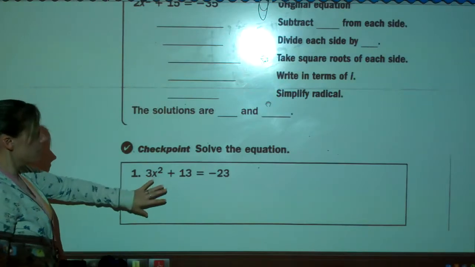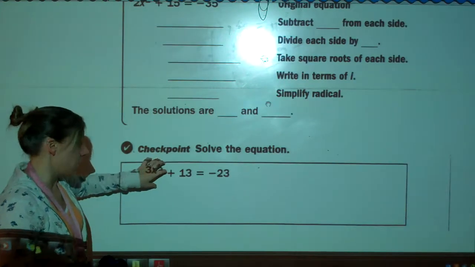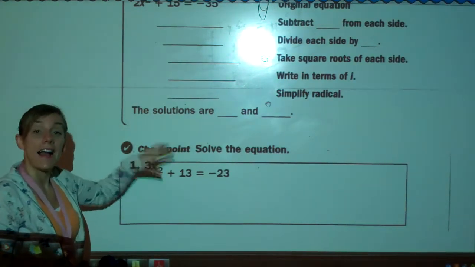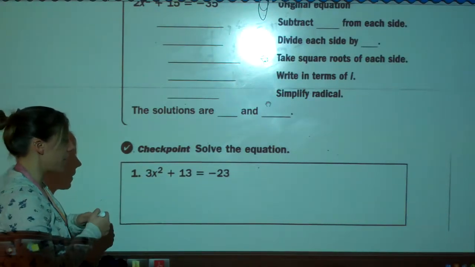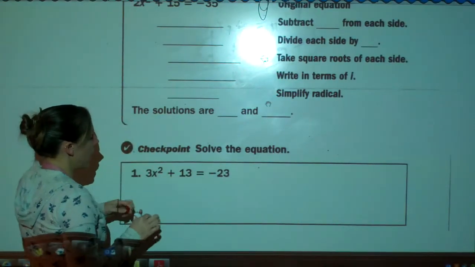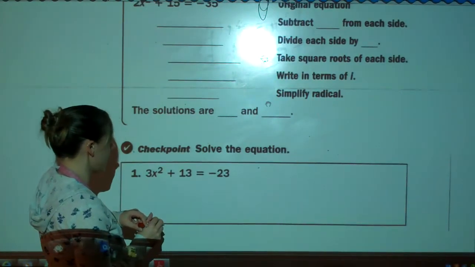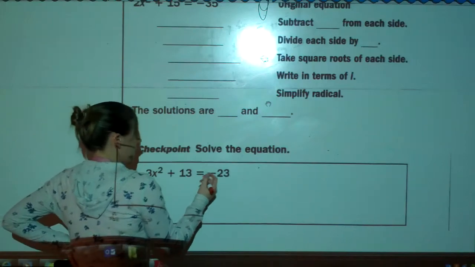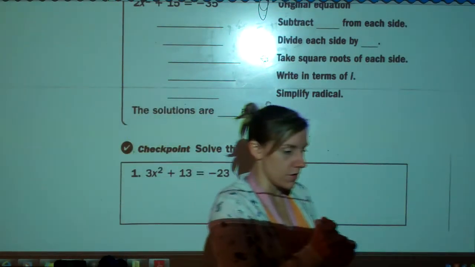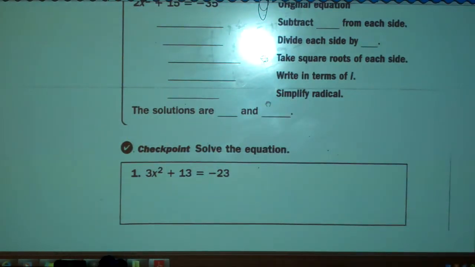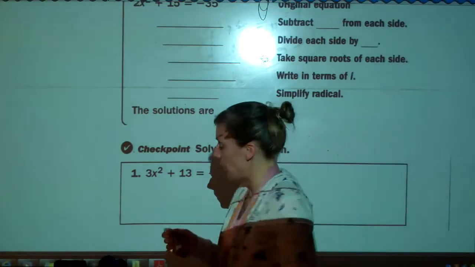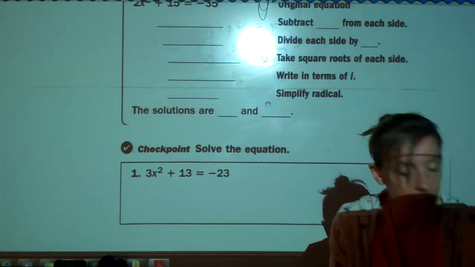Okay, so again, x squared is the only variable, so we want to isolate it. It's the only one, so we get it all by itself. So let's first subtract 13 over, and we get negative 36, I think. Oh, this isn't the marker I wanted. I want to make sure you can see it, so that's why I'm changing markers.